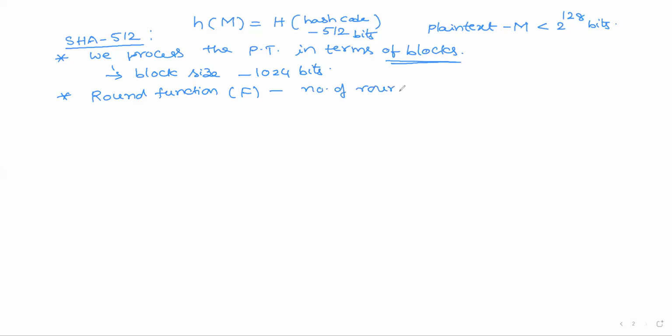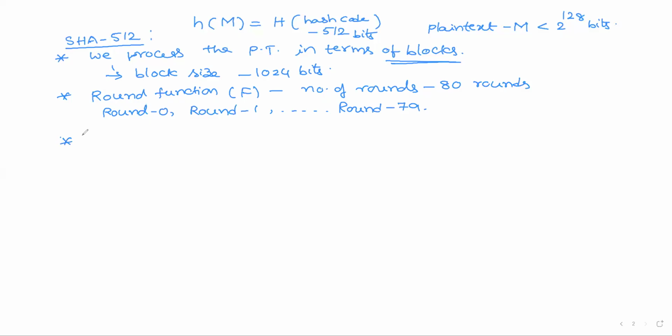Each block of 1024 bits will undergo this round function, and we have totally 80 rounds. We represent those rounds as round 0, round 1, up to round 79. So 80 rounds will be there.